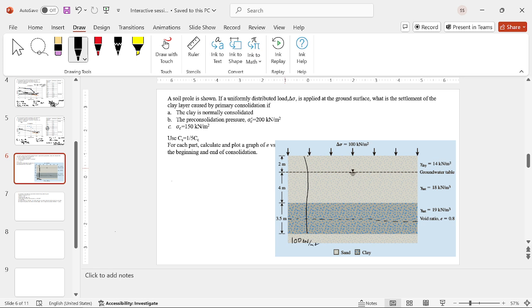This will be the stress due to the load, and then we will have effective stress due to this, gamma dry is 14. This will be 2 into 14. Remember, we are talking about effective stress.